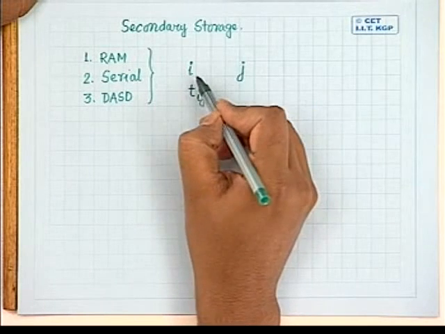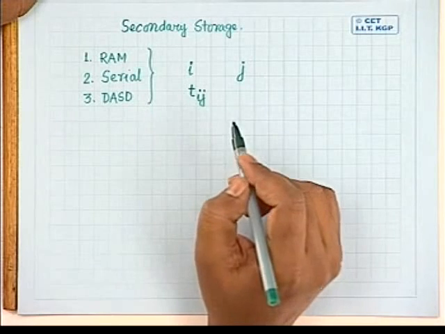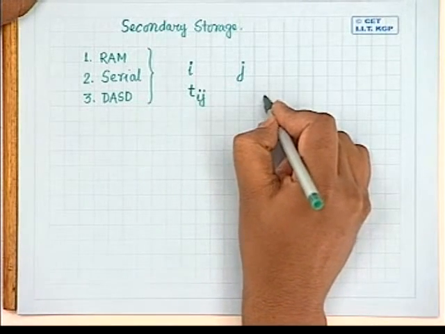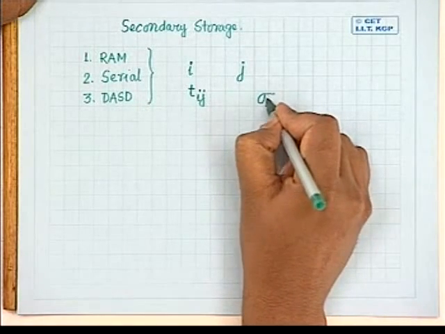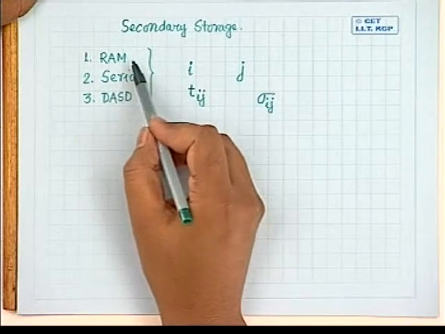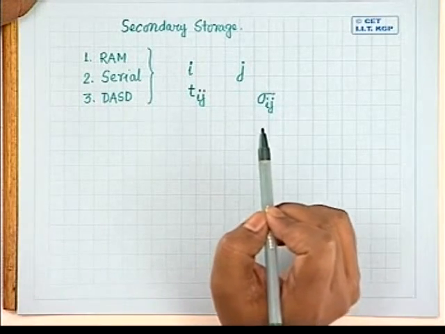So to move from the ith record to the jth record, the time is Tij. If you take the variance of this Tij, then depending upon the variance value, we categorize the storage devices into one of these three categories.